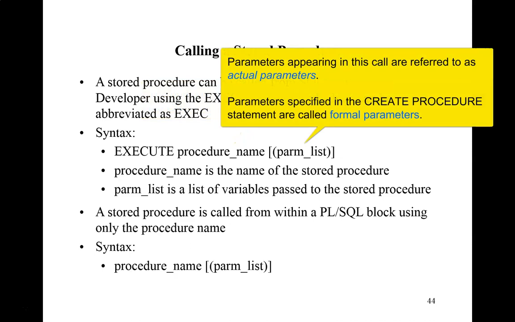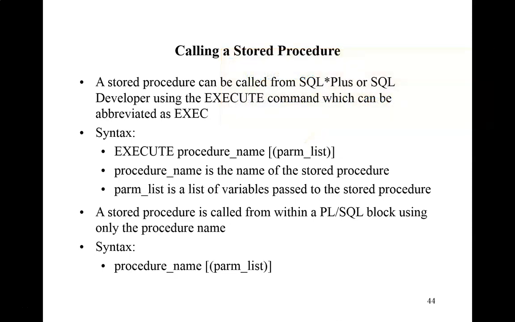The parameters that we provide when we execute the procedure are referred to as actual parameters. The list of parameters specified in the create procedure statement would be referred to as formal parameters. Generally, the parameter list on executing or calling the procedure would have a one-to-one correspondence. We would have one actual parameter for each formal parameter. The exception might be if we have parameters that have default values.